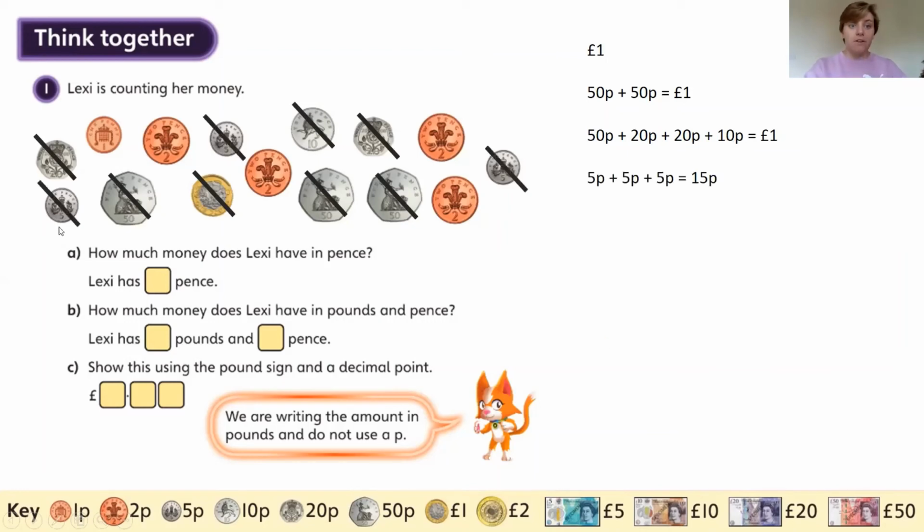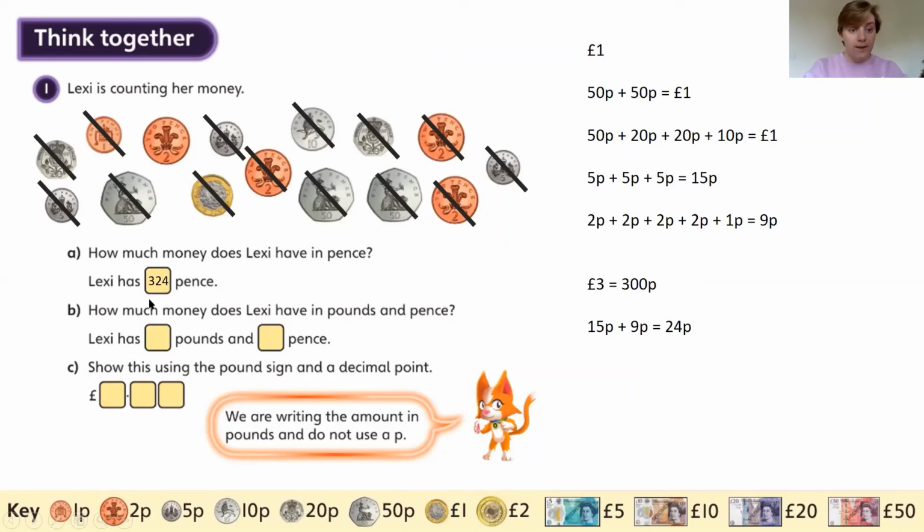Then I decided to go for all of the 5p's. So 5, 10, 15 pence. And then I went with the coppers, what's left over. So the 2p, 2p, 2p, 2p, and 1p, which added together makes 9p. So that means I've got 15 pence there and 9 pence, which is 24 pence. And those £3 added together is £3, which is 300 pence.